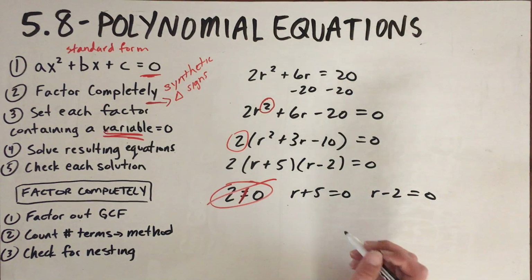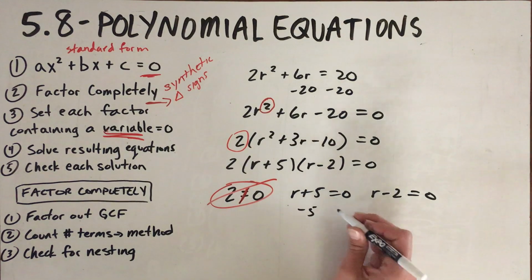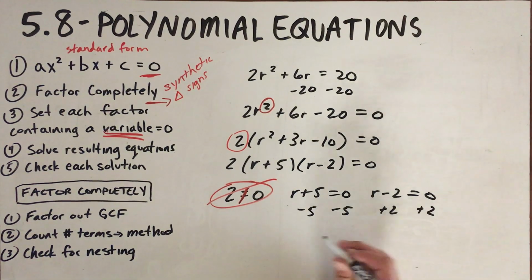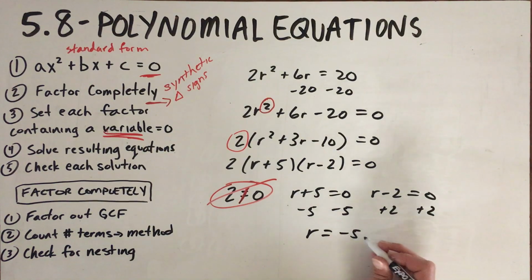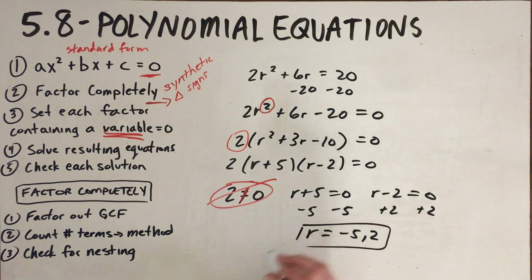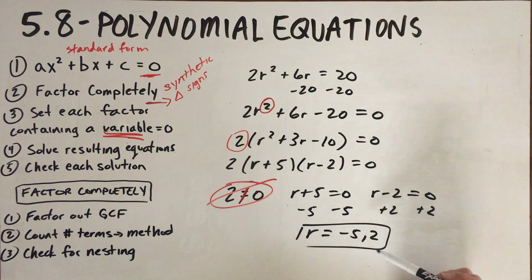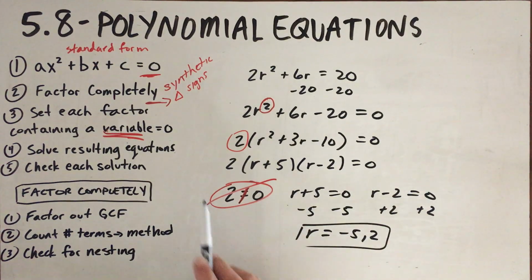So I'm going to subtract 5 here and add the 2 here. So we get that r is equal to a negative 5 and a positive 2. Again, we get two solutions because the degree is 2, and we can throw out any GCF that is a constant.